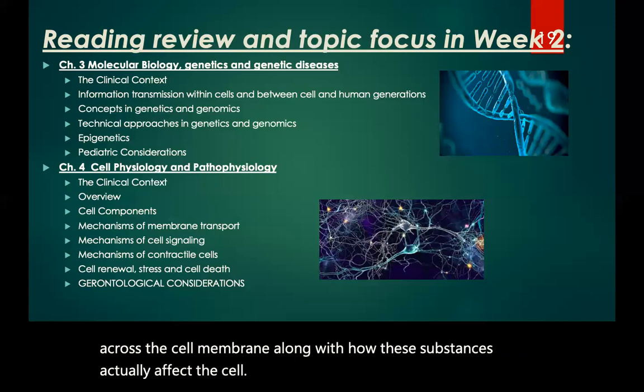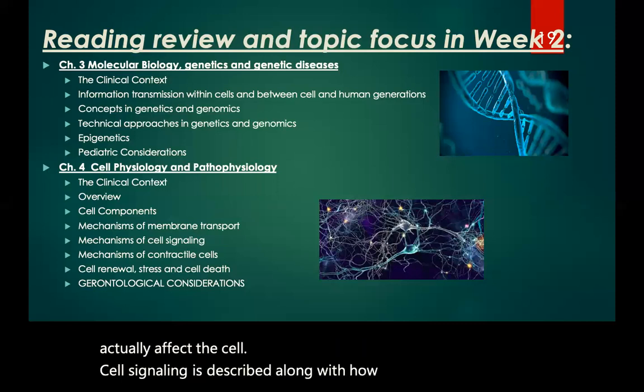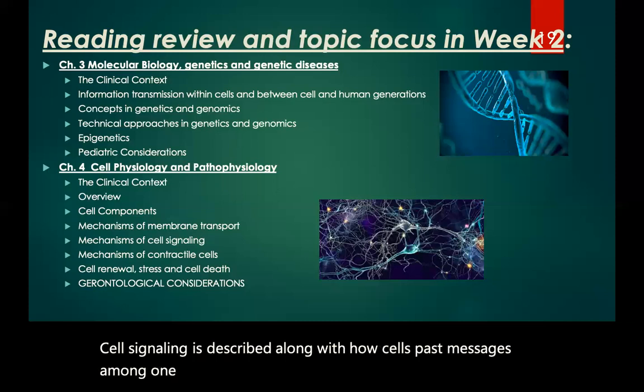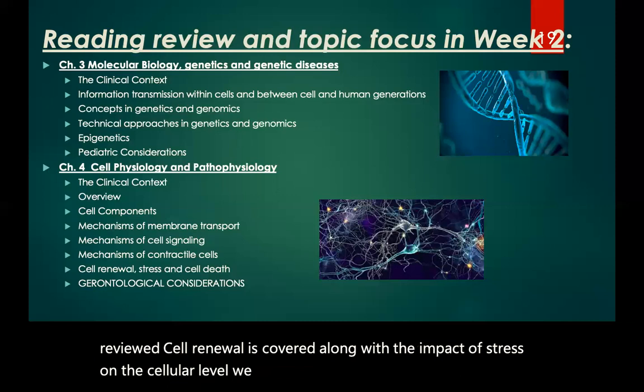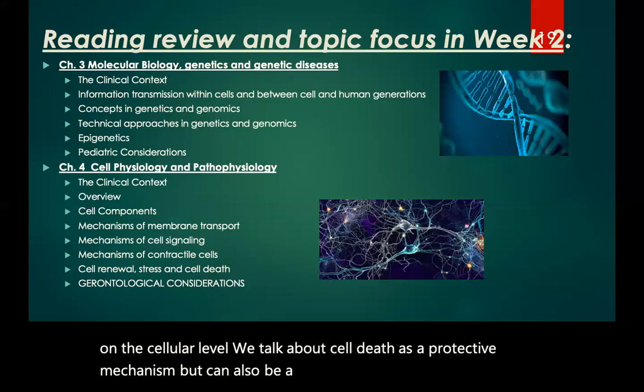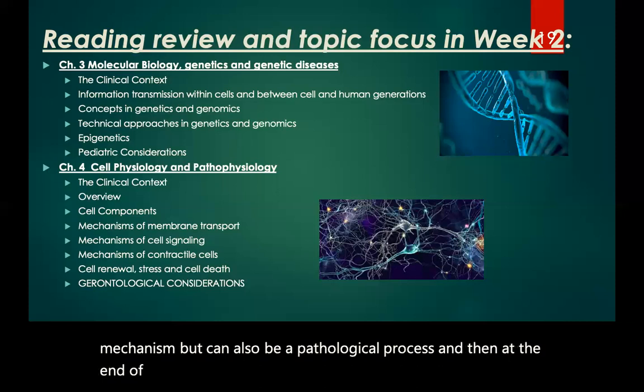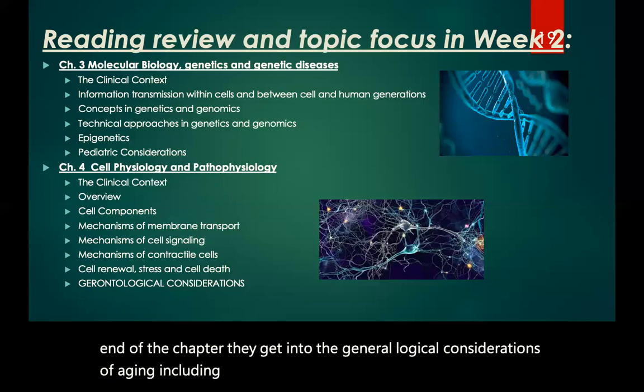Cell signaling is described along with how cells pass messages among one another. Contractions of the types of muscle cells is reviewed. Cell renewal is covered, along with the impact of stress on the cellular level. We talk about cell death as a protective mechanism, but it can also be a pathological process. At the end of the chapter, they get into the gerontological considerations of aging, including frailty and the effects of inflammation.